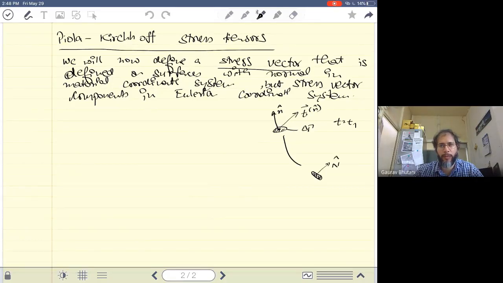So we map each and every particle that constitutes this delta gamma and trace them back to where they were at t equal to 0, in the reference configuration. And we find that this plane had a normal which is capital N hat, which corresponds to small n hat in the current configuration. This is back in time.